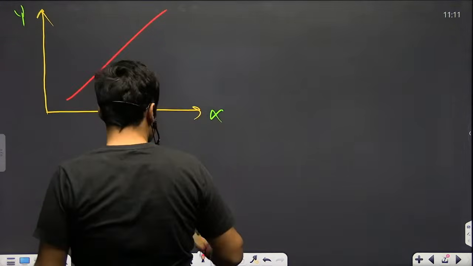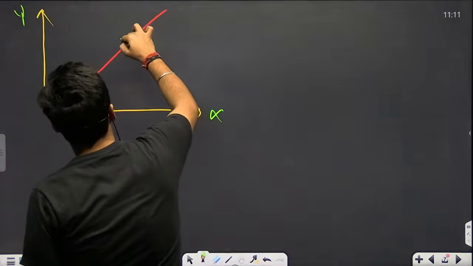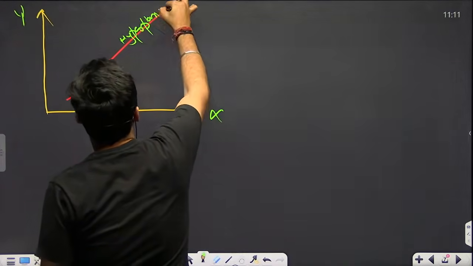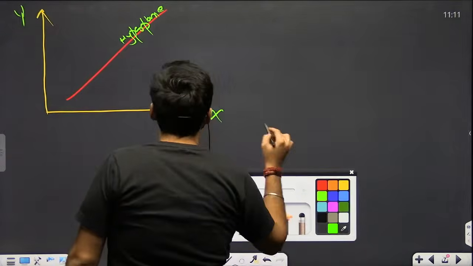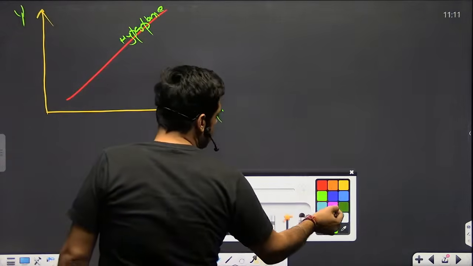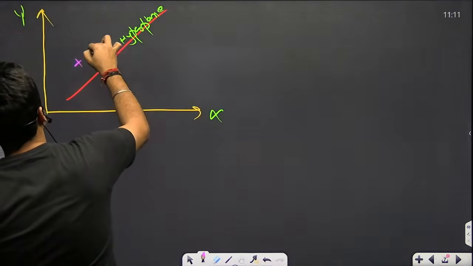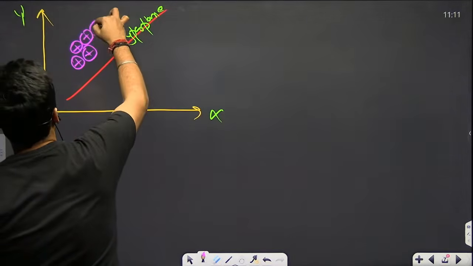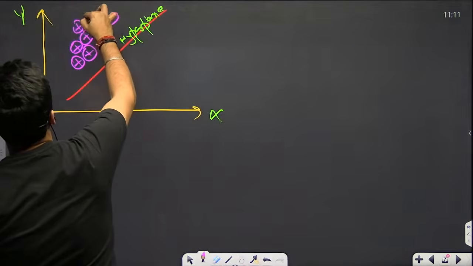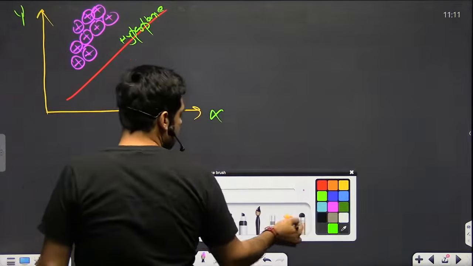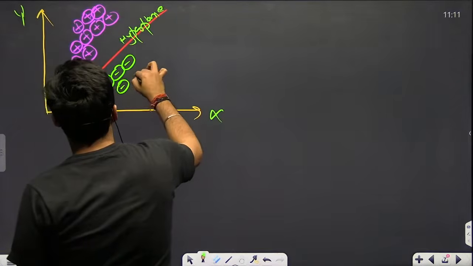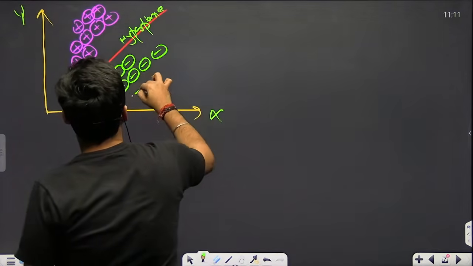This is the main hyperplane that we have fitted, that differentiates between positive and negative class, and along with this we have certain positive class points and certain negative class points.